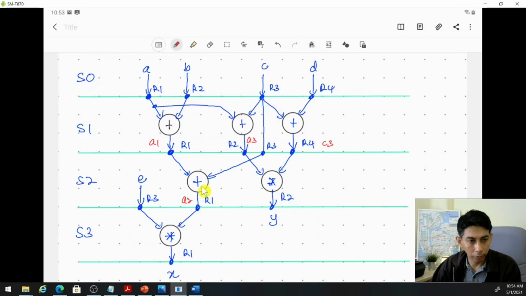In S2, we do this A1 plus C, we have A2, and we store in R1.